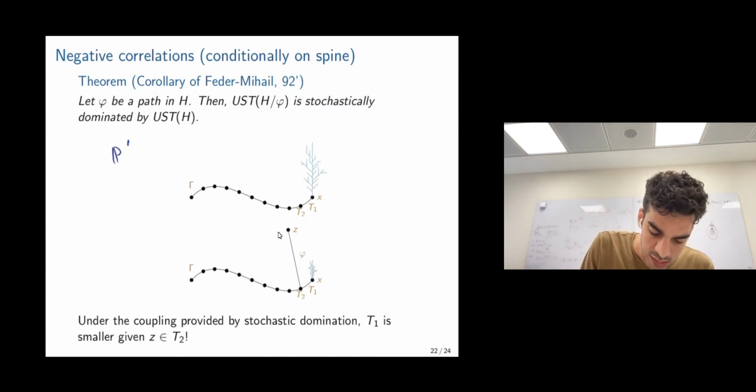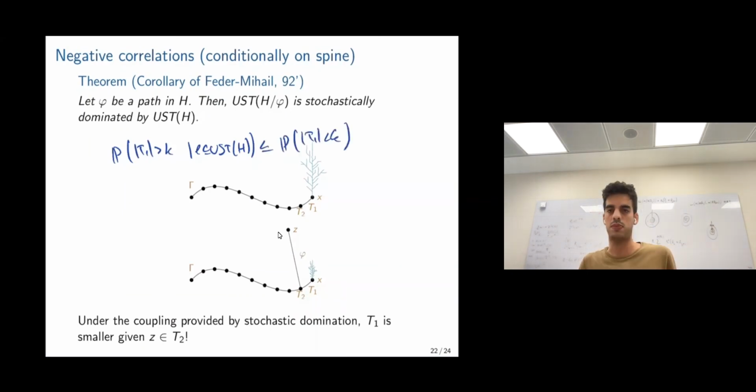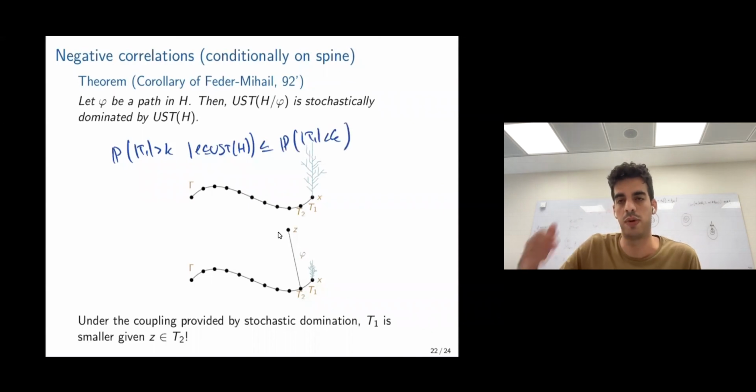So what we get is that given that phi is in the UST of H, the probability of T1 to be larger than k only decreases. Right? The probability of T1 to be large is bigger in the tree where we don't condition on phi to be in the UST.